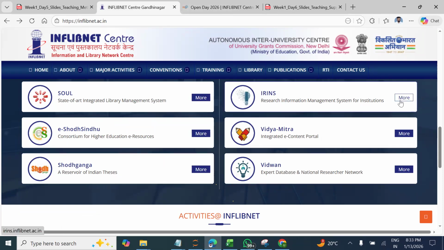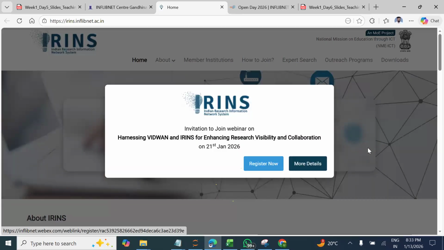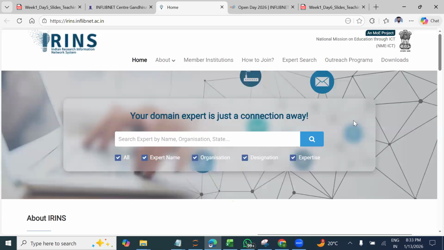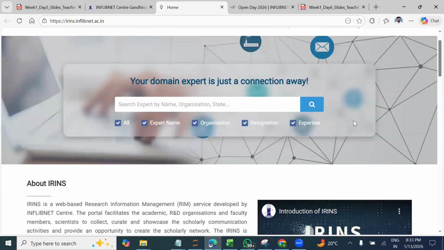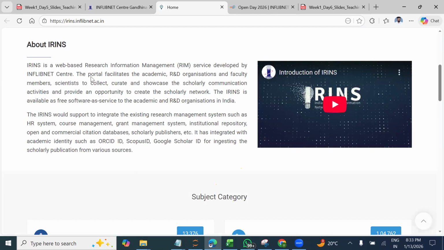Then IRINS. What is IRINS? This is very slow, so we don't need this now. IRINS is a web-based Research Information Management (RIM) service developed by the INFLIBNET Centre, right?